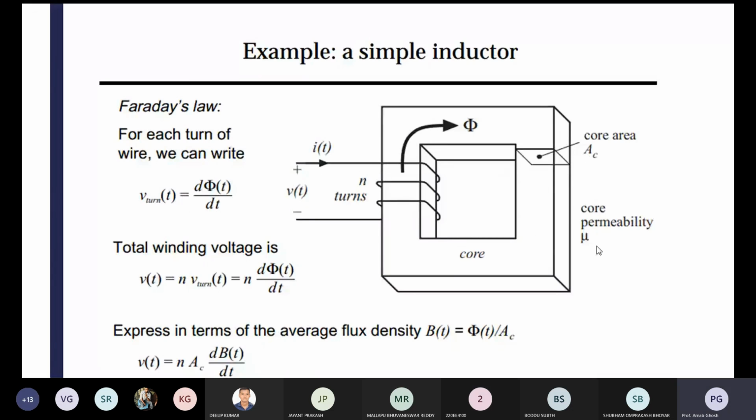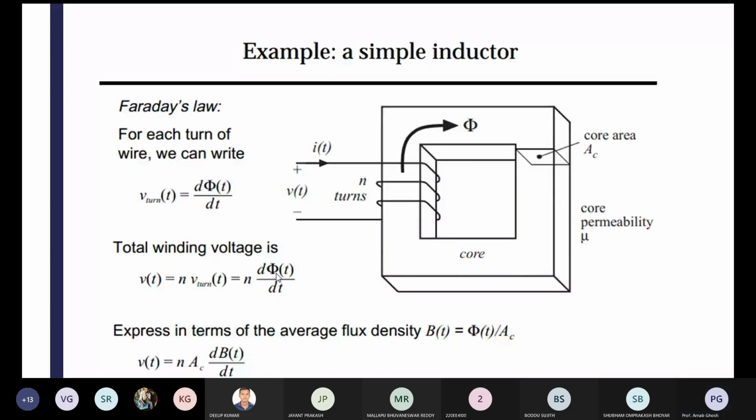Core permeability is mu. The total winding voltage is Vt equal to N into V turn, where V turn equals d phi by dt. By Faraday's law, the induced EMF equals the rate of change of flux linkage, d phi by dt. Expressed in terms of the average flux density, phi equals B into AC, so Vt equals N AC dB by dt. That is the relation we were getting previously.